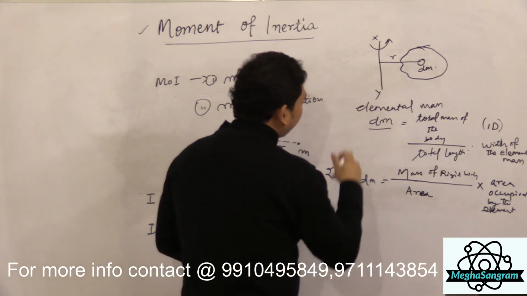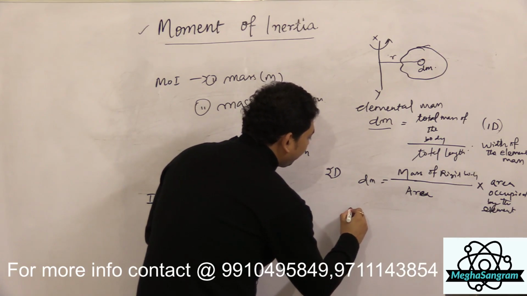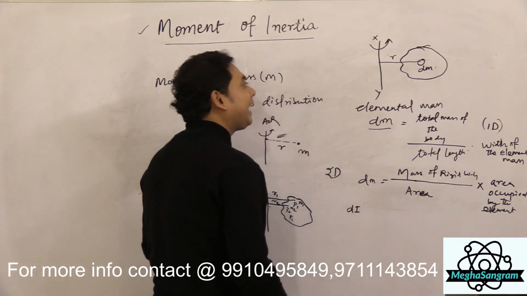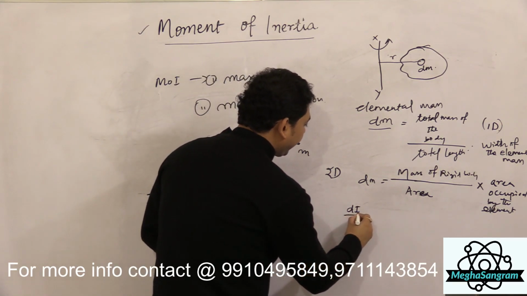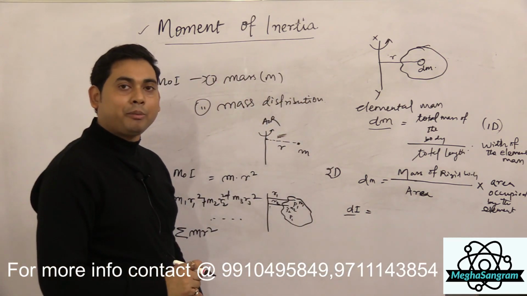So after calculating the elemental mass, let us calculate the moment of inertia for an elemental mass. So this is dI. This dI is equal to, as per the formula, what is the formula for moment of inertia?